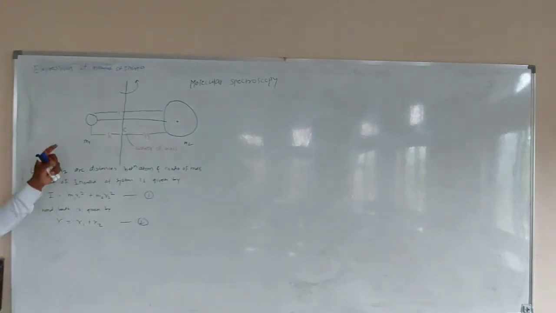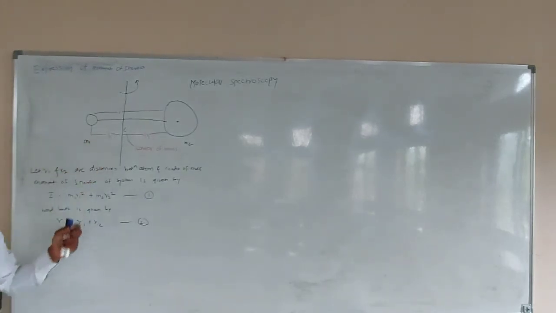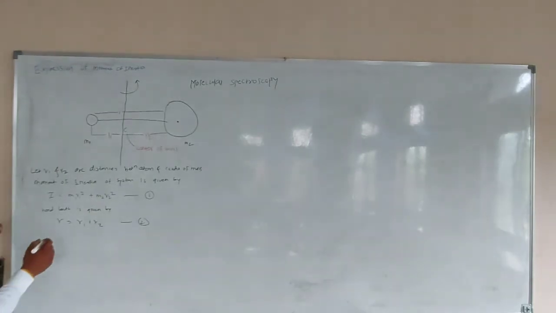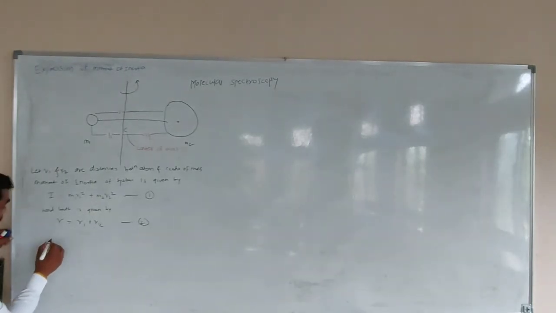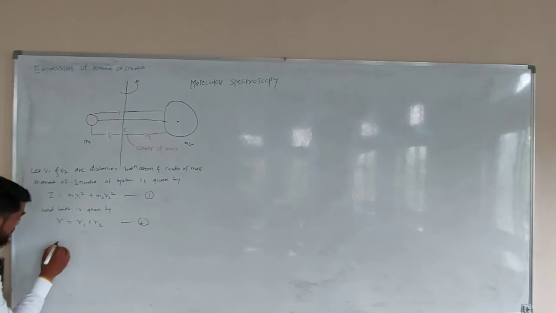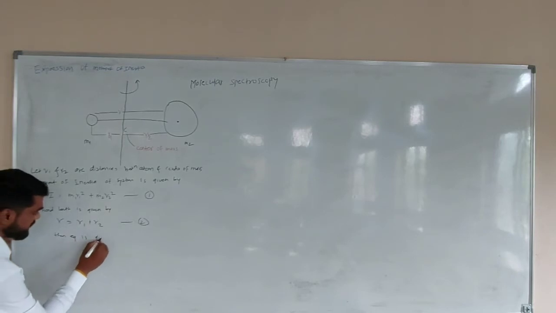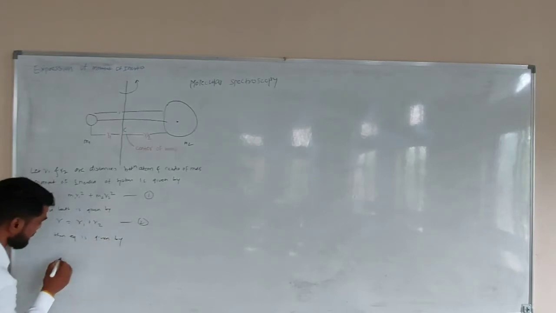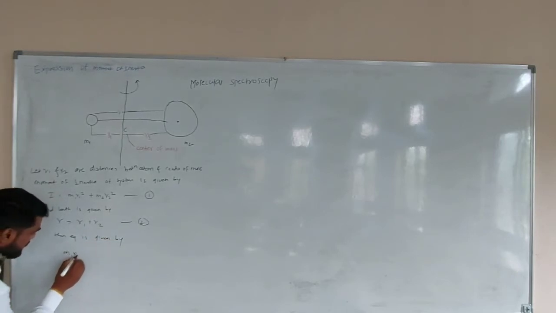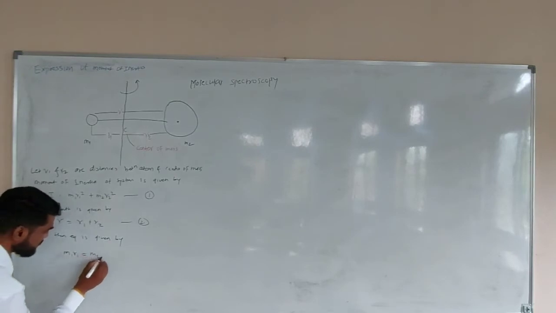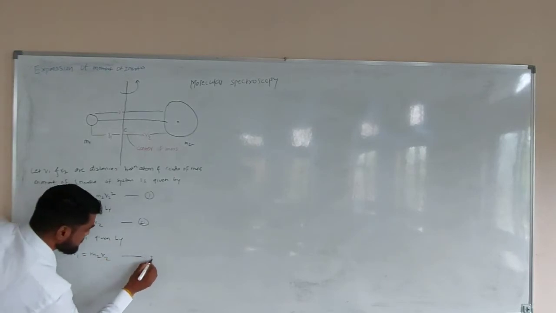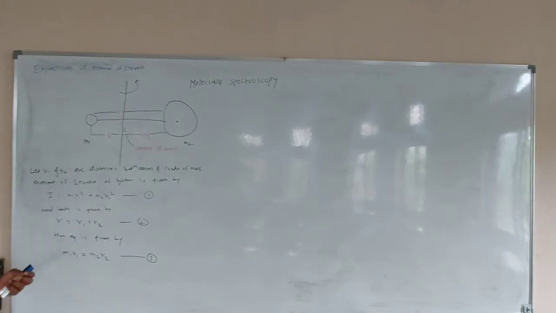Now, the molecule rotates about the axis of rotation through the center of mass, so the moments of the two atoms are equal, and the equation is given by m1 r1 is equal to m2 r2. This is equation number 3.